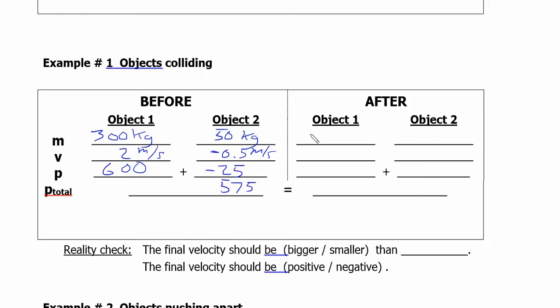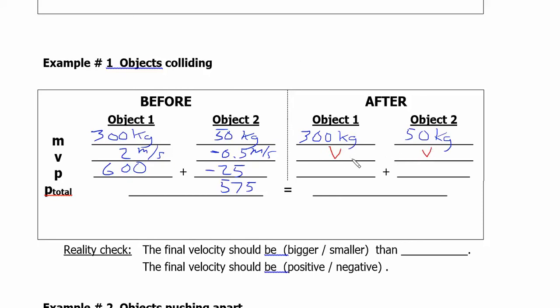If I go over to after the tuna is absorbed, the shark is still going to have a mass of 300 kilograms. The tuna is still going to be a 50 kilogram tuna, only now it's going to be inside the shark. The new velocity that they're going to move with, we don't know. And that's the question that was posed to us in the problem.